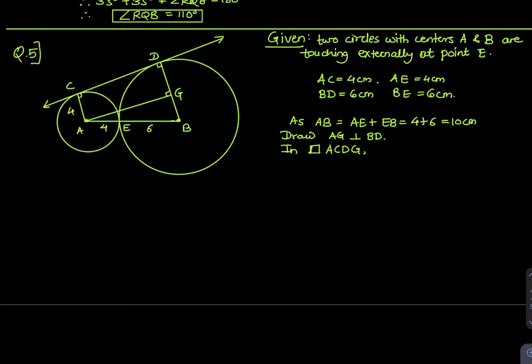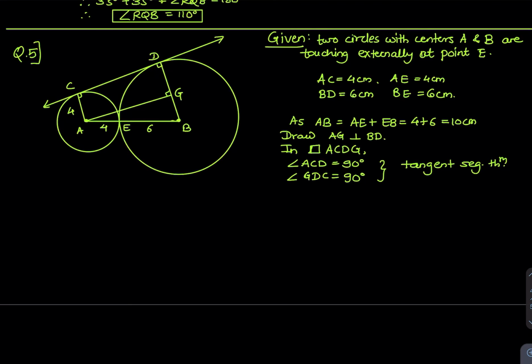So the remaining angle will also be 90 degrees, because 90 plus 90 plus 90 is 270, and the sum of measures of all angles of a quadrilateral is 360. So 360 minus 270 is also 90 degrees. So this is a rectangle.